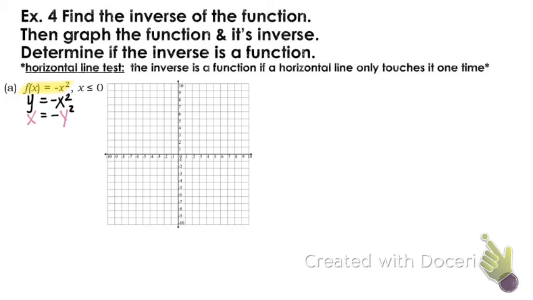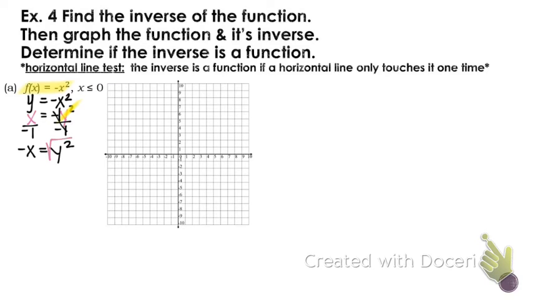All right, what's my goal? To isolate what? Y, and right now it's a y squared. What do I move to get y squared by itself? Divided by negative. There's an understood negative 1 in front of y squared, so yes, I'm going to divide both sides by negative 1. What's x divided by negative 1? Negative x, and it equals, of course, y squared. How do I get rid of the square?